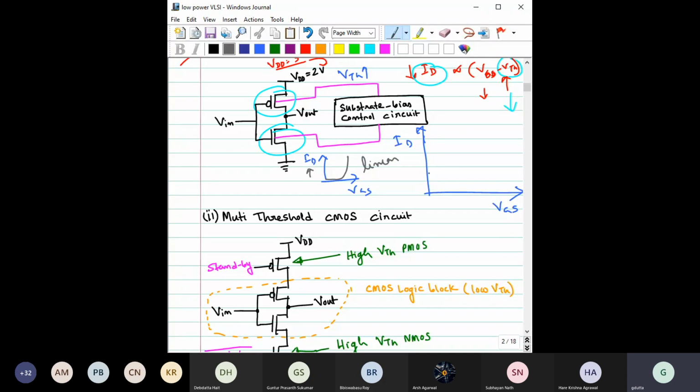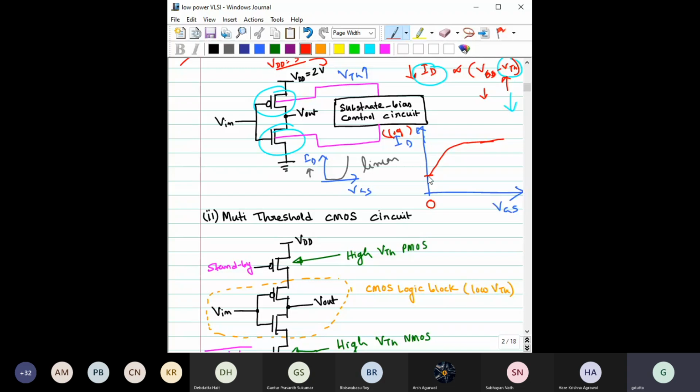Now we are making a change. We are plotting ID in log scale, so the same plot would look something like this. This is 0.